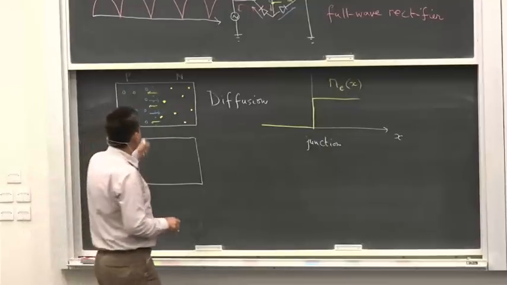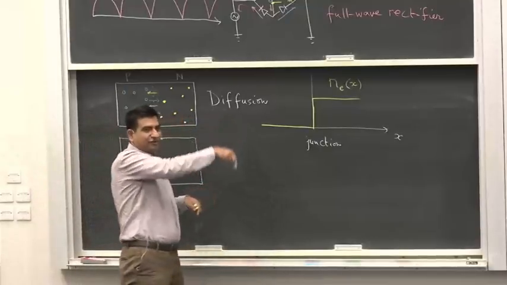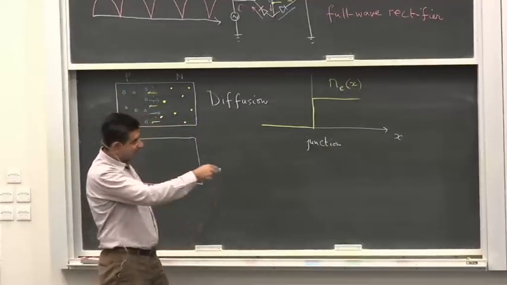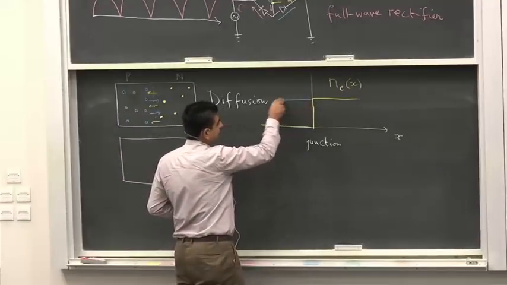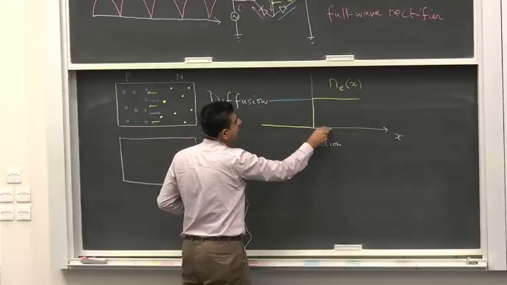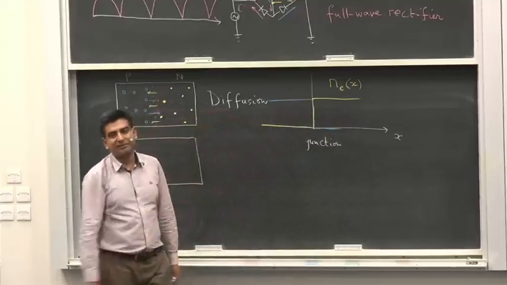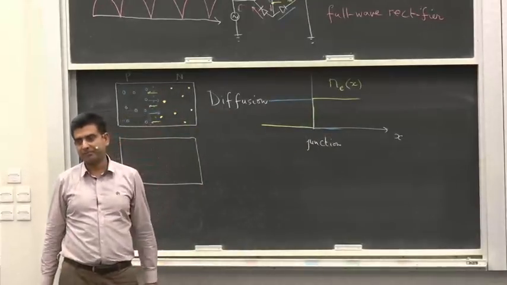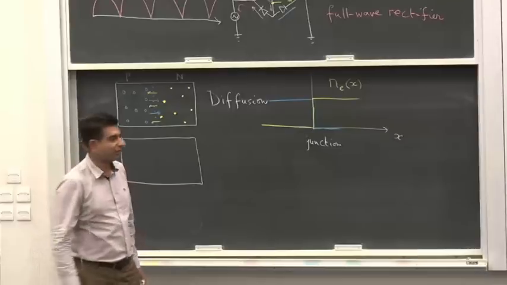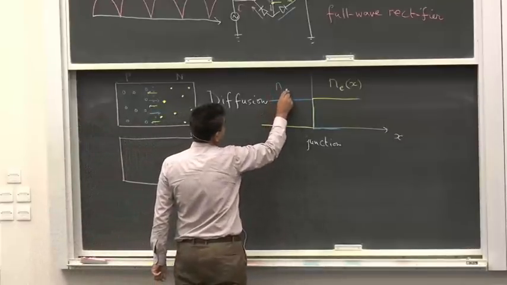Whereas if I were to plot the concentration of holes versus distance before the junction is made, it's a downward step, a sharp, abrupt change in the concentration of holes.